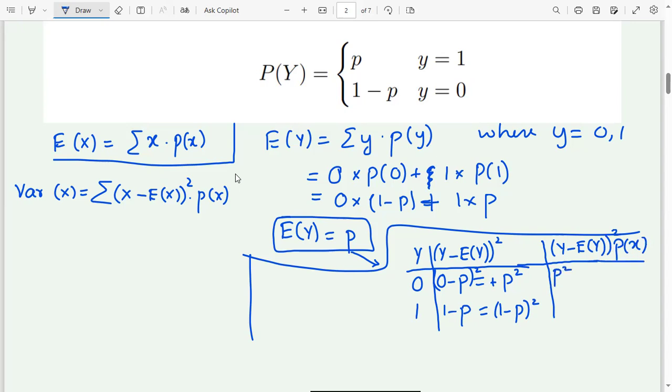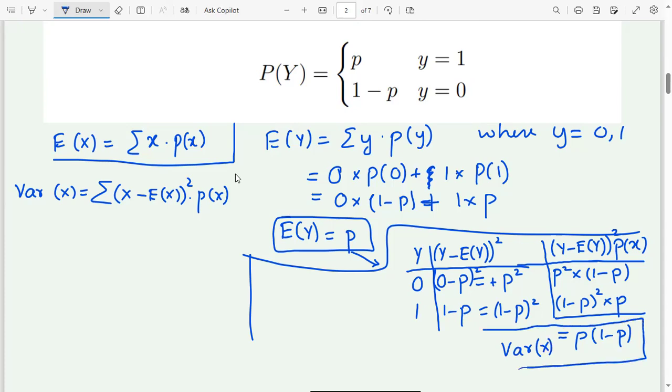So the probability of 0 was 1 minus p, and for 1 it's p. Take common terms, add, simplify, and your answer is going to be p times 1 minus p. So we can say that the variance of y is p times 1 minus p. This is how you can calculate its variance too.